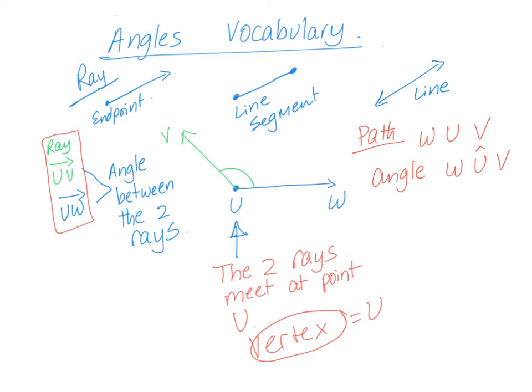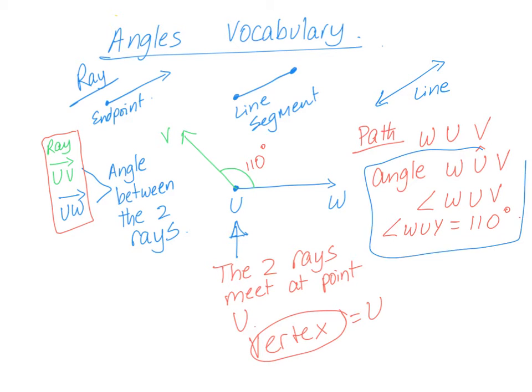Another way to describe my angle is to write it this way with an angle sign and W, U, V. And if I have the numerical value, let's say this is 110 degrees, this is another way to say that angle WUV is 110 degrees, right? So these are some ways to describe or write your angle.